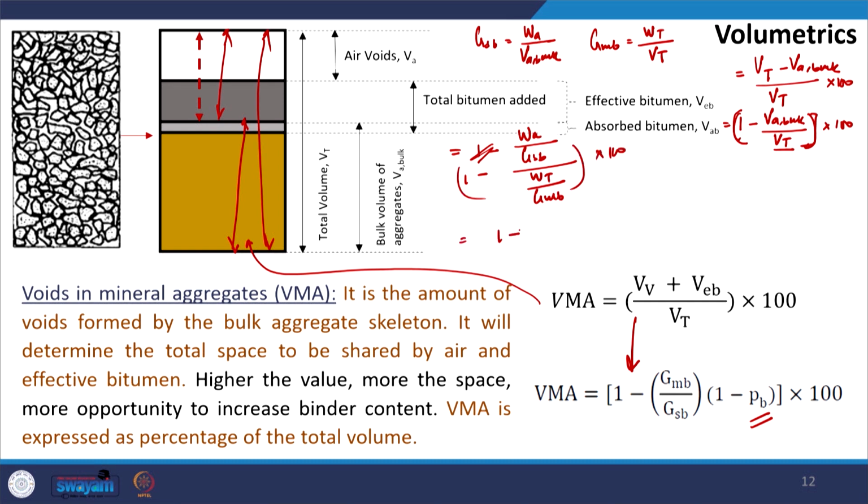Here I am just rearranging it. This is GMB divided by GSB into weight of aggregate by weight of total mix into 100.